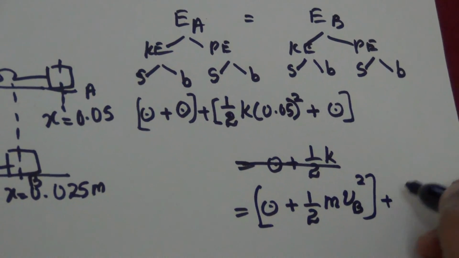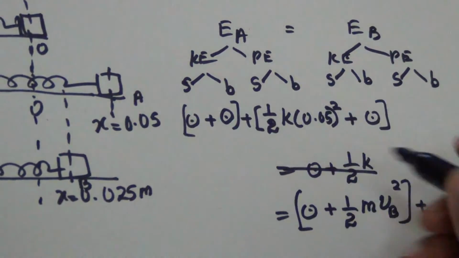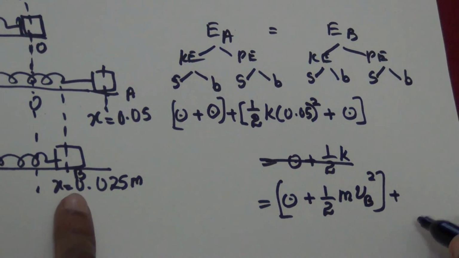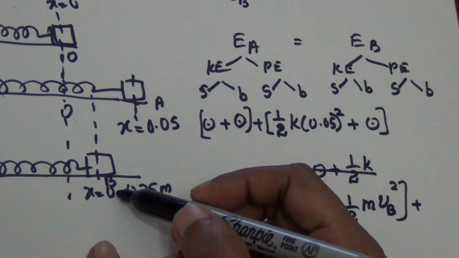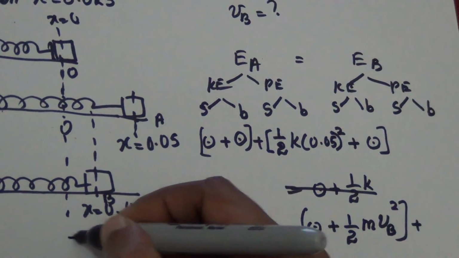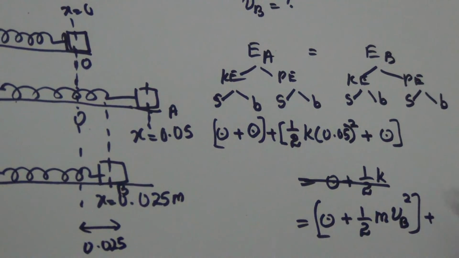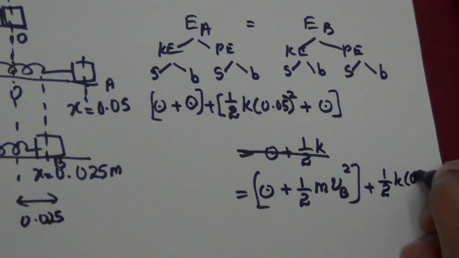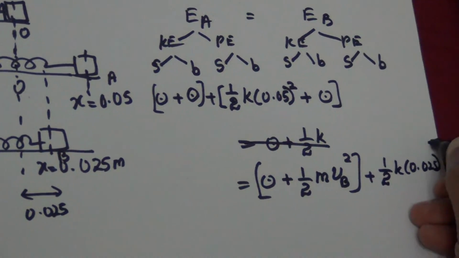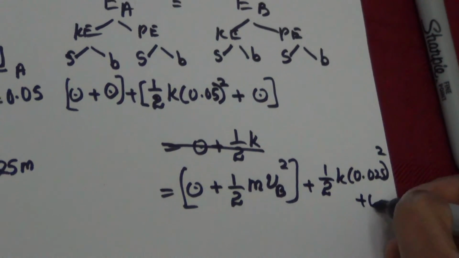Now let's come to the potential energy of the spring here. It is extended by this length, oh, I think they have given the coordinate, so this length is 0.025, right? So 1/2 k 0.025 squared, and the potential energy of the block is 0.